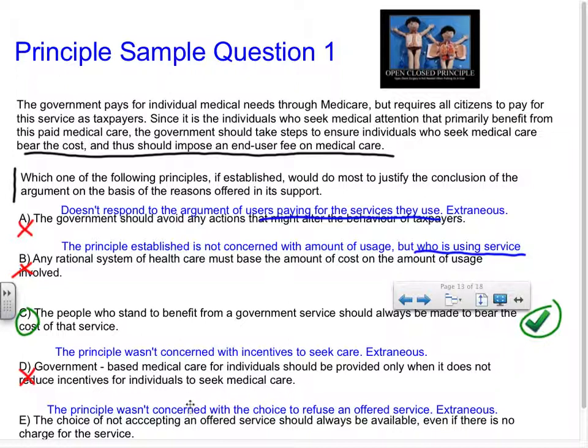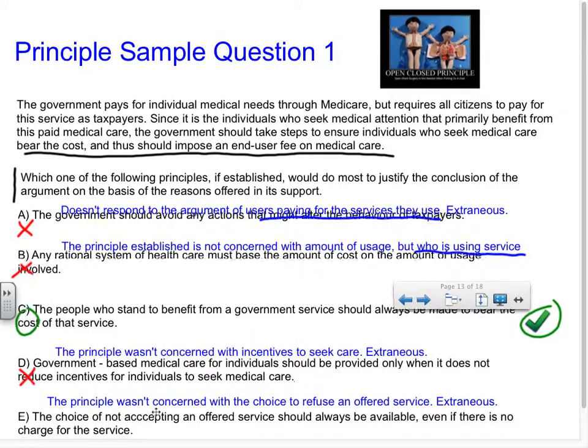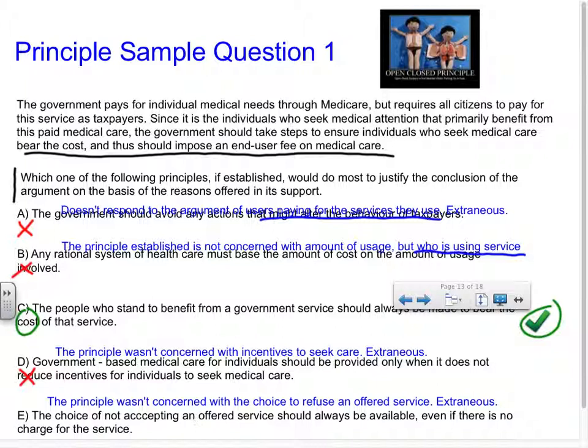And I'm just going to move it up so we can read E. The choice of not accepting an offered service should always be available, even if there is no charge for the service. So again, the principle wasn't concerned with the choice to refuse an offered service.